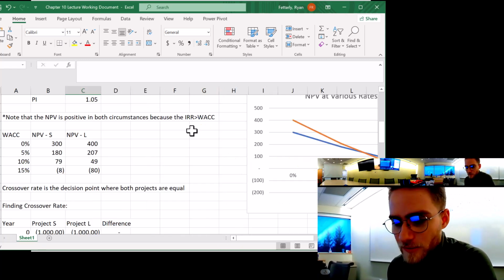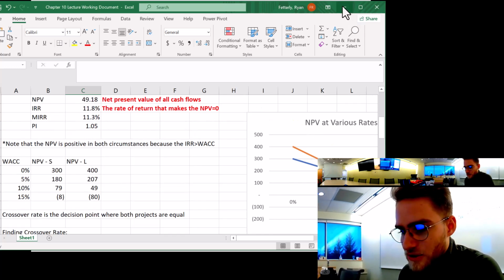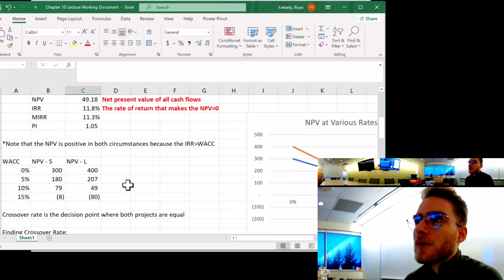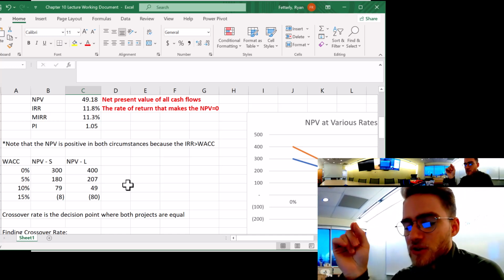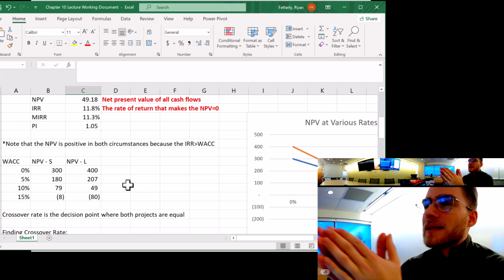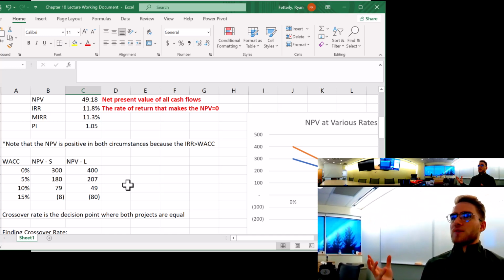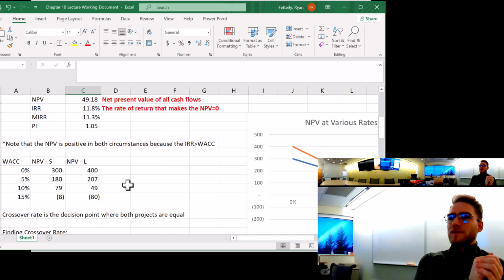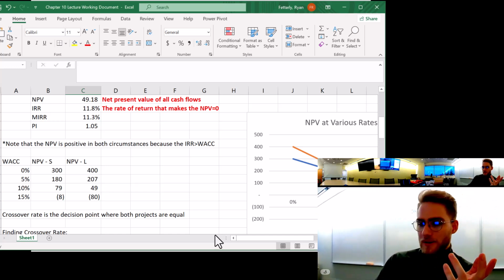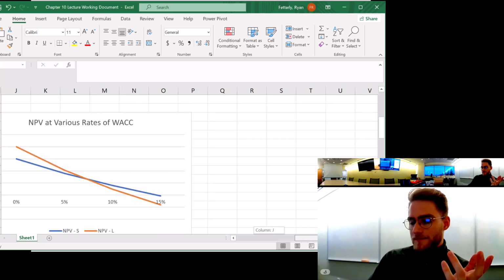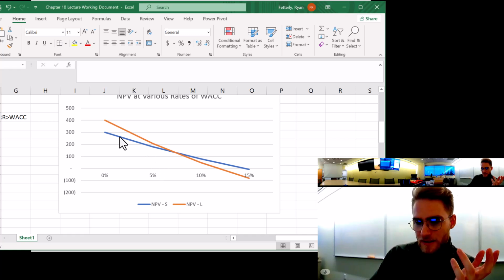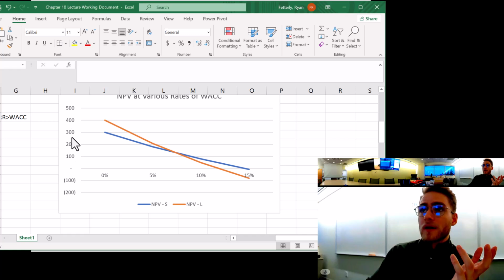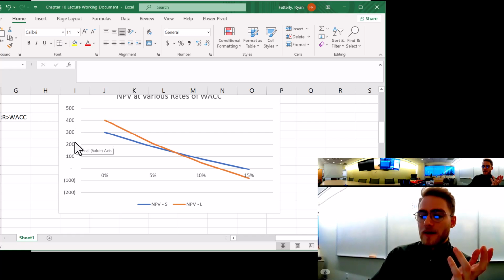Okay, so we'll hop back into the lecture. But before I do, you may remember that I told you that the internal rate of return is when we basically present value the future cash flows at a rate whereby my net present value is equal to 0. I will prove that to you now. If I look at this graph over here, what you'll see is for project S, this line keeps dropping, keeps dropping, and over here on the left side is the net present value of the project.